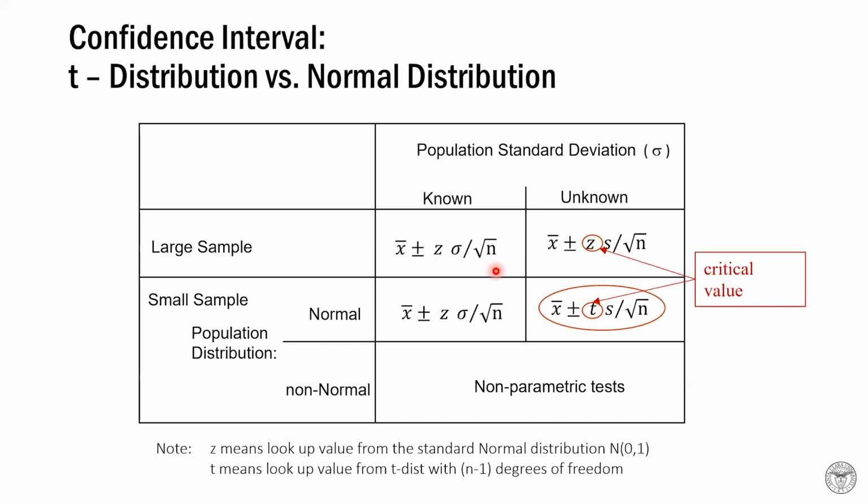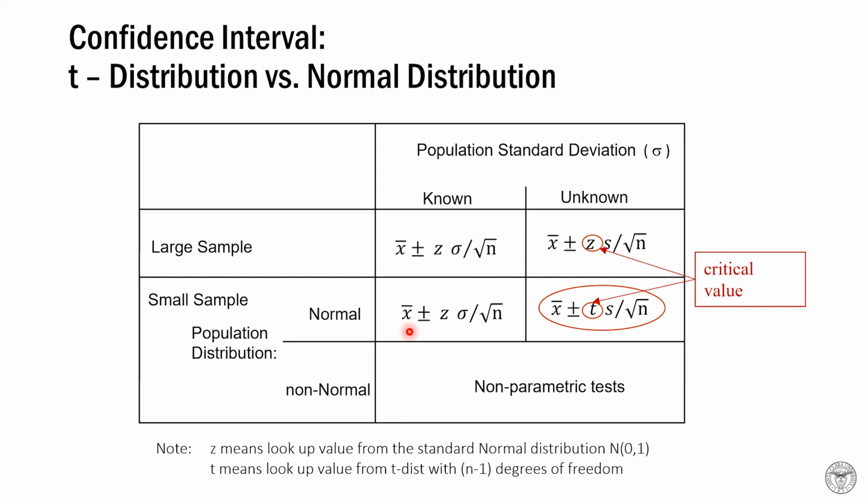If the sample size is large and the standard deviation is unknown, then the confidence interval is given by x bar plus minus z value times s divided by square root of n.